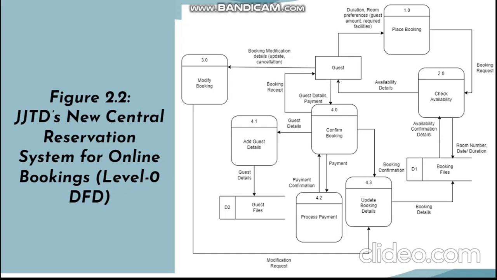The booking database is then promptly updated with the guest reservation specifics. Simultaneously, the guest database is refreshed with contact details and booking history. The guest would then receive confirmation notifications via email or SMS, containing their pertinent booking information.